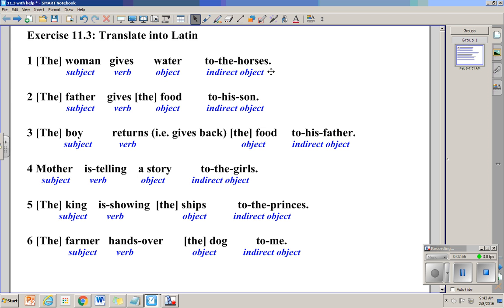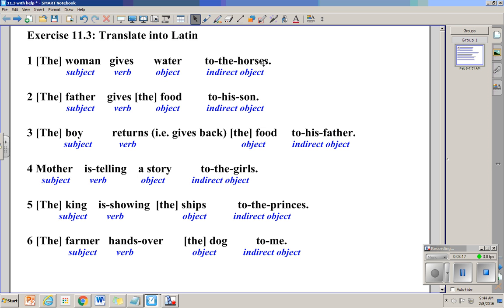And then which word is the indirect object, which means it should be dative, to the horses. And let me just remind you that when I put a dash between the words, it is one word in Latin, equis. So you should be able to do these more or less perfectly with this help.